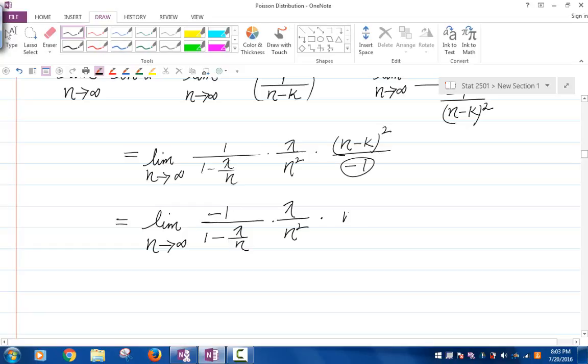From n minus k squared I'm going to factor out an n, so I get 1 minus k over n, and I have to square that.